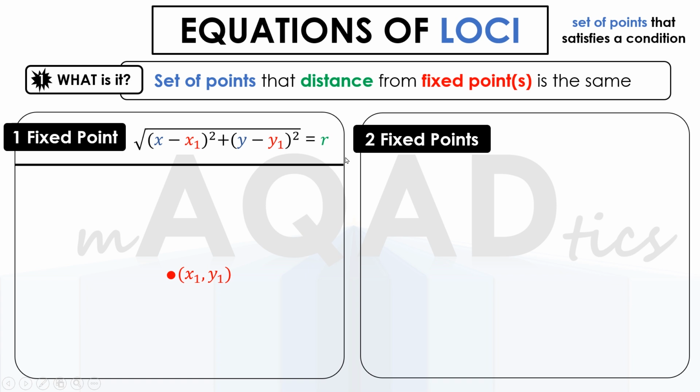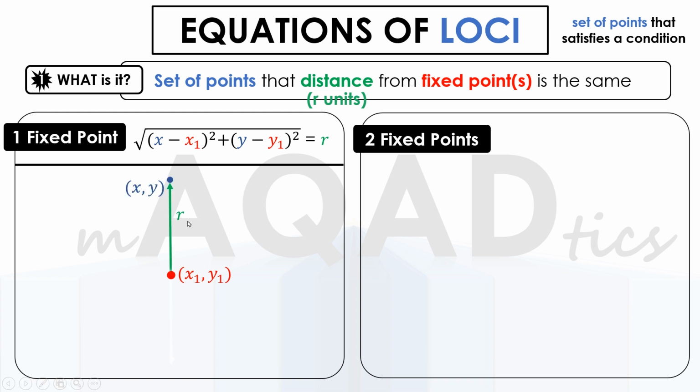Imagine that we have a fixed point, which is the red one, and the coordinate is x1, y1. Now our condition is the distance from this fixed point must be r units away. One of the examples you can imagine is something like this.